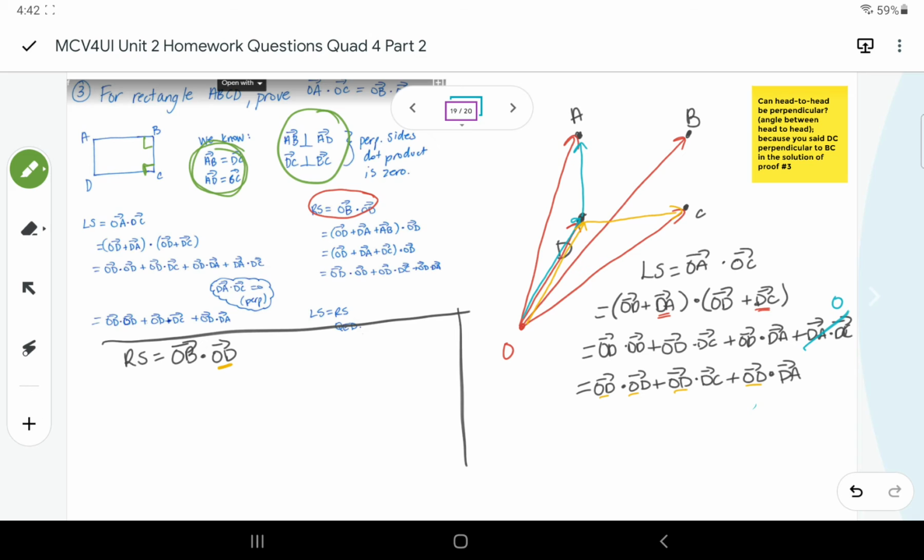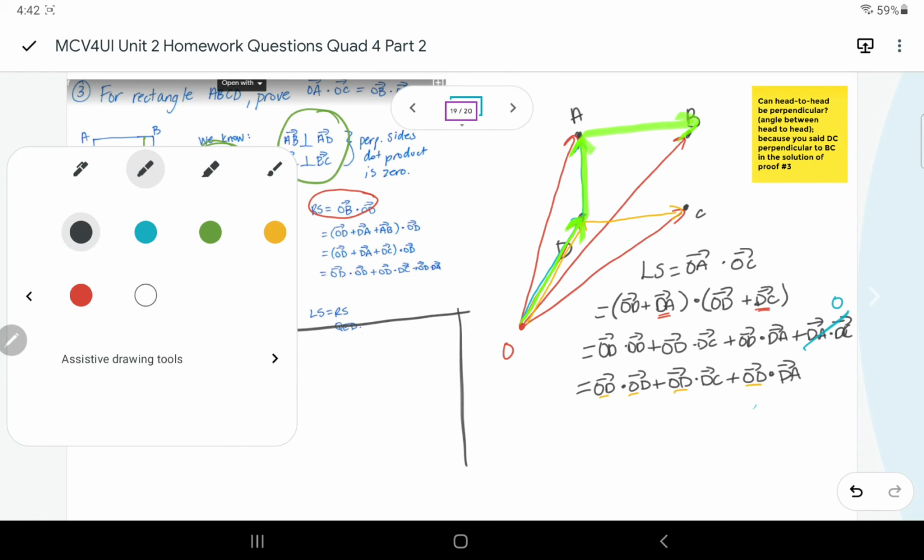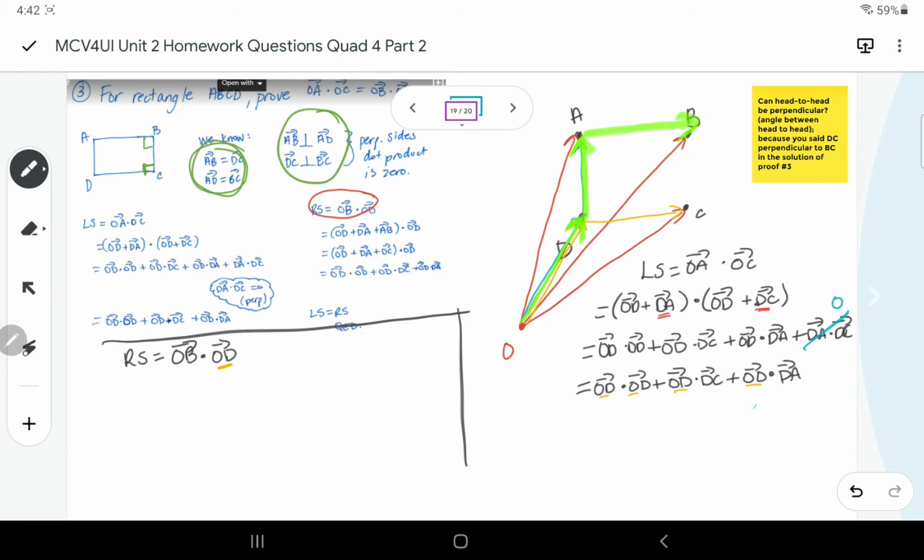So I'm going to say that's OD, going there, plus, and I could go different ways around the triangle, but I'm going to go DA plus AB. So instead of that one vector, I'm going to make 3 other vectors, which feels like I'm making it messier. But now I'm getting things more in terms of the vectors I already have.